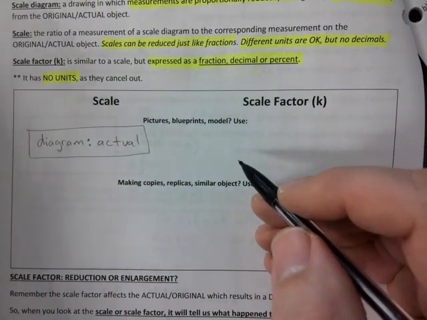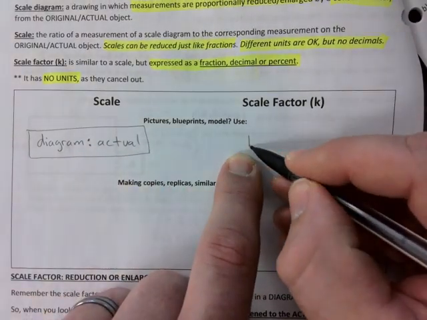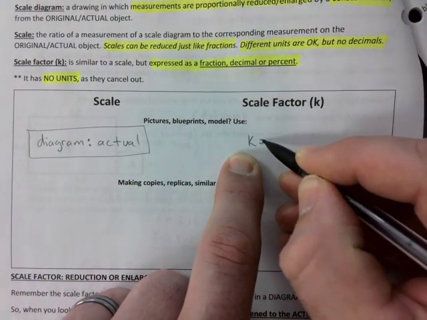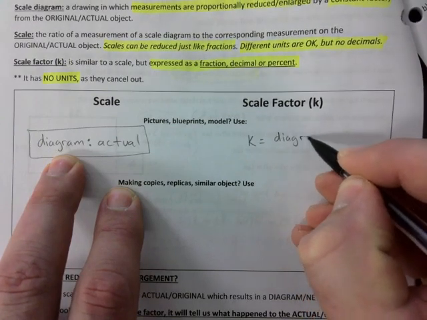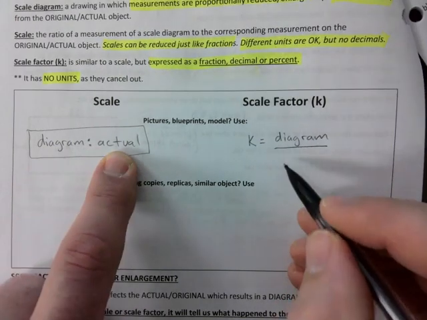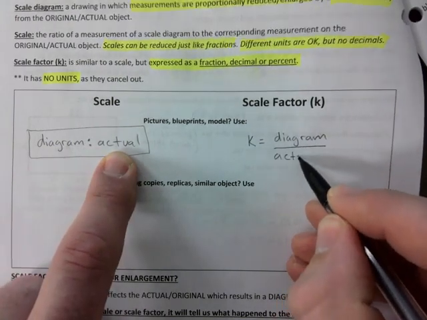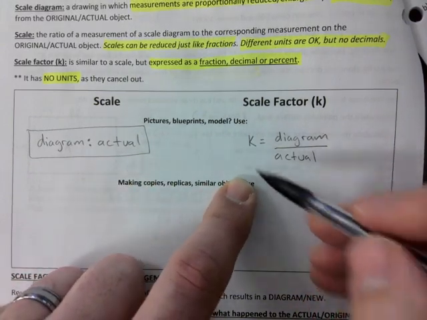A scale factor, on the other hand, I'm going to do right beside it. The scale factor looks like this, and we take the measurement of whatever is on the diagram, and we divide it by the corresponding measurement, divided by the actual.